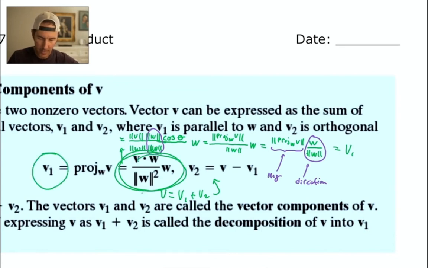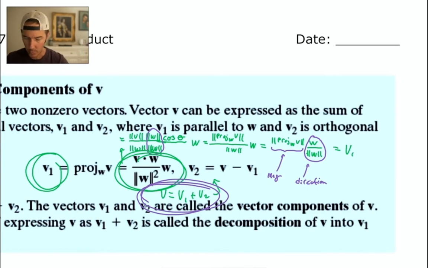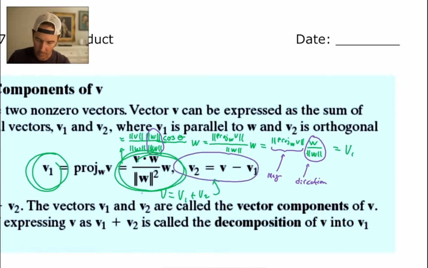That would allow us to find v1. Then we would have v and v1, and we could use v and v1 in order to do this arithmetic right here in order to find v2. So again, starting with v and w, then we find v1, then we find v2. In that order, v, v1, v2.